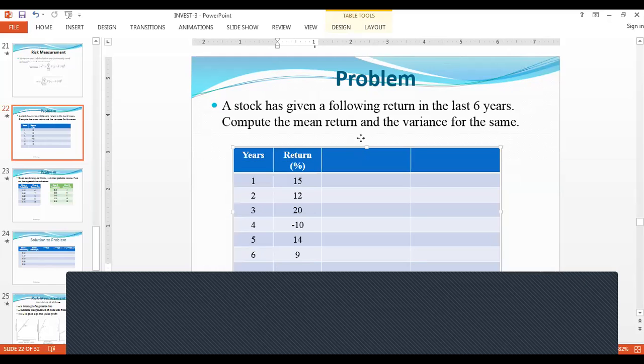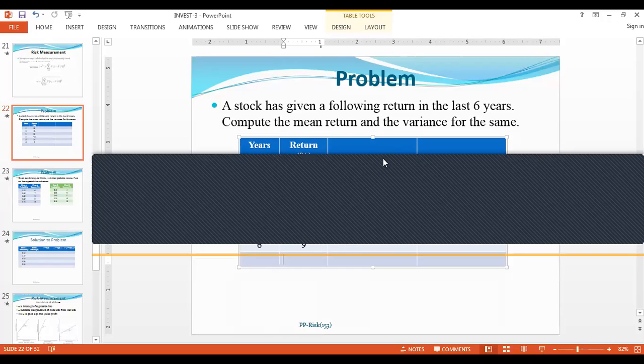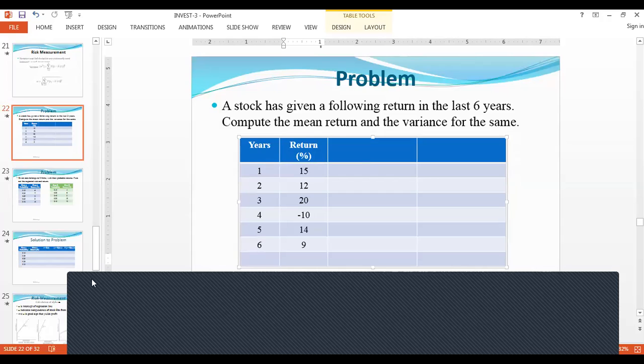Please do it. Just add 15 plus 12 plus 20 minus 10. Keep on adding it and then divide it by the number of observations. It's 10, sir.